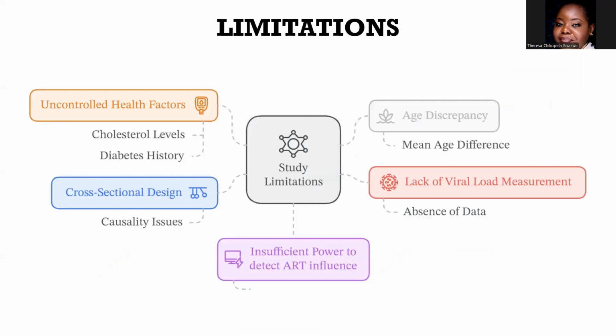The limitations of our study included an older HIV positive group, the lack of viral load management, and insufficient power to detect some influences. The fact that it was a cross-sectional study prevented us from seeing causal relationships, and uncontrolled factors such as cholesterol and diabetes may have been limitations.